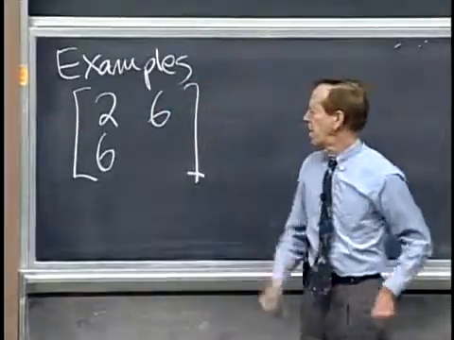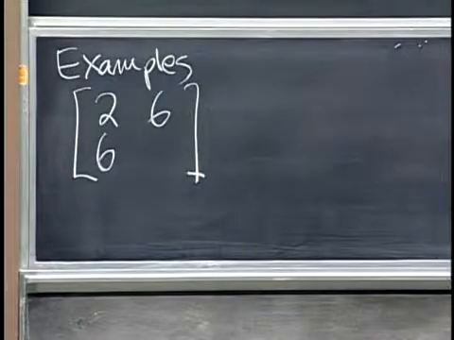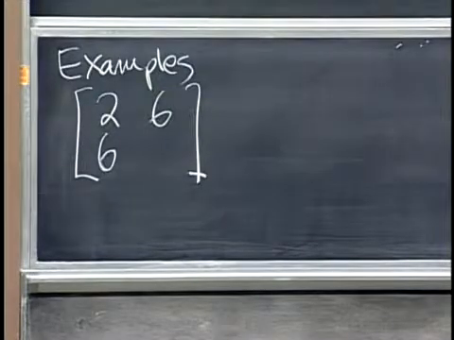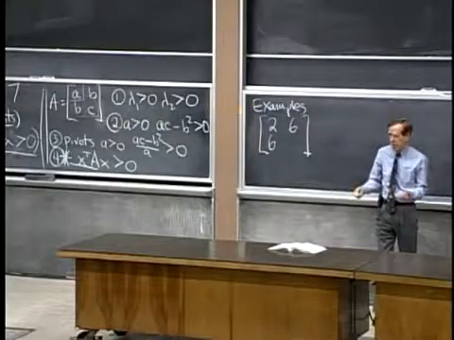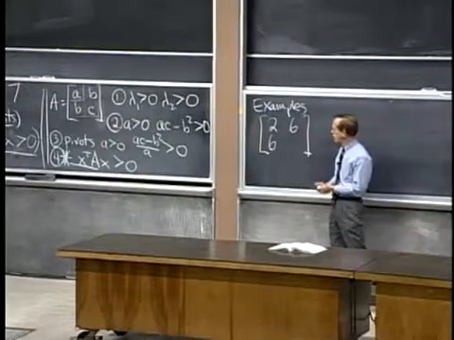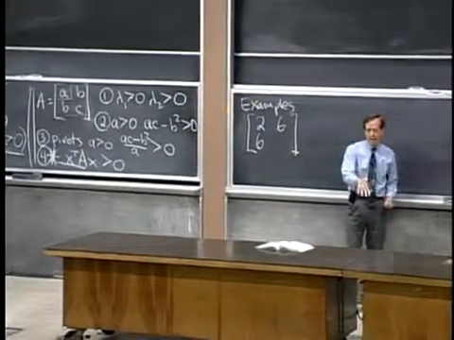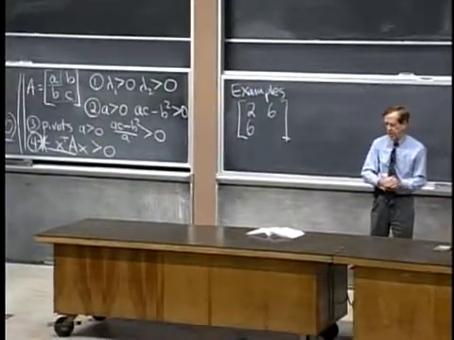Tell me, what number do I have to put there for the matrix to be positive definite? Tell me a sufficiently large number. Let's just practice with these conditions in the 2 by 2 case. Now, when I ask you that, you don't want to find the eigenvalues. You would use the determinant test for that.